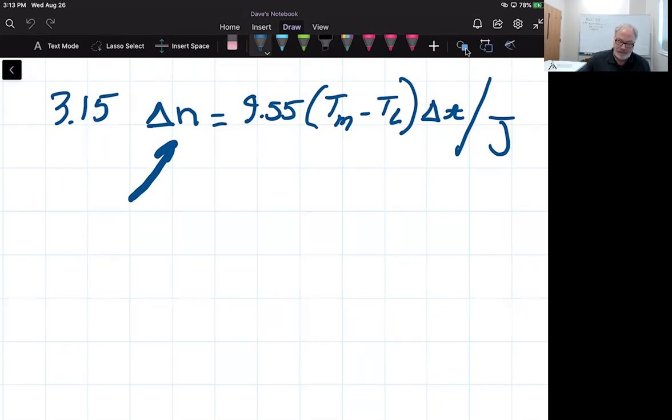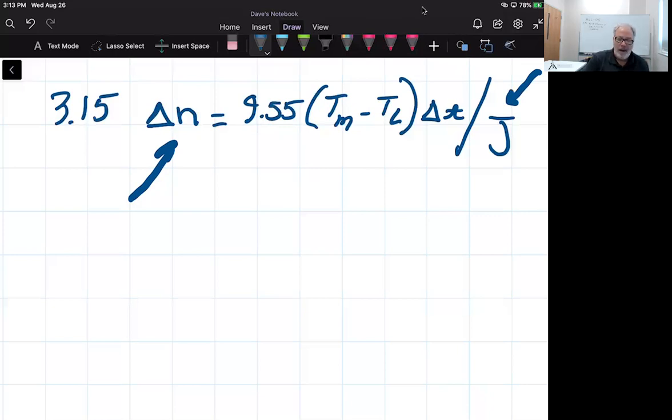It's going to allow us to do some interesting things and work some good problems. And he says that this J number, again, is the moment of inertia of all the revolving parts in the system. Okay, so let's work off of this.